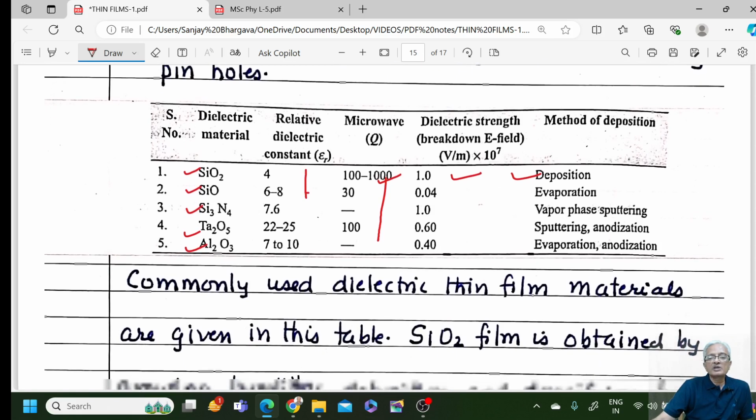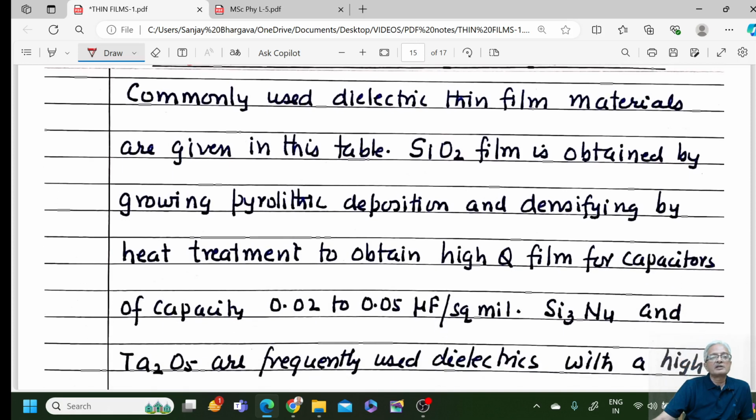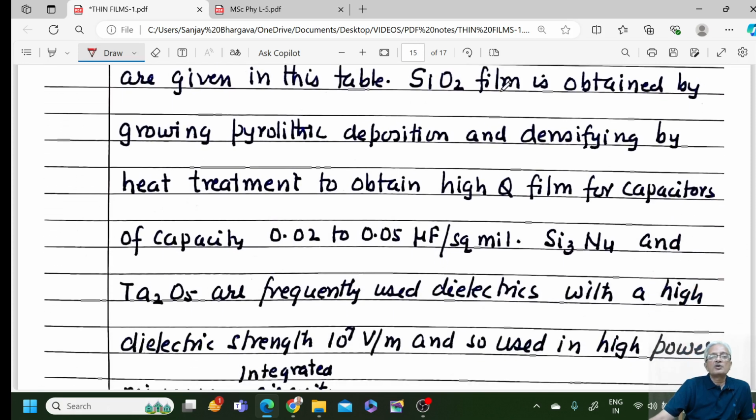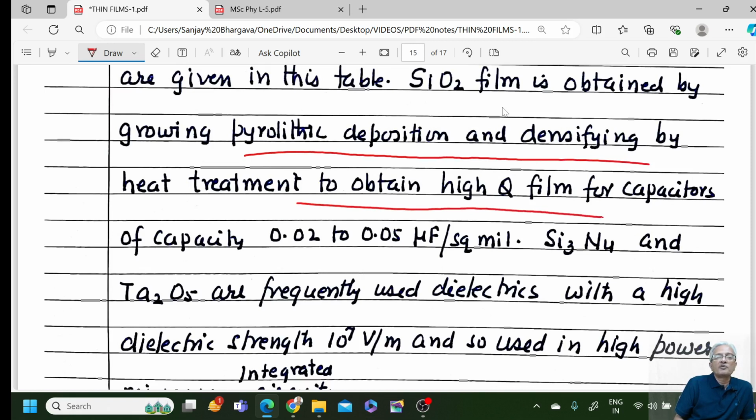The commonly used dielectric thin film materials are given in this table. SiO2 film is obtained by growing pyrolytic deposition and densifying by heat treatment to obtain high Q film for capacitors of capacity 0.2 to 0.5 microfarad per square millimeter.